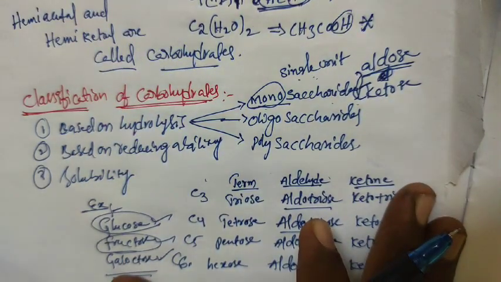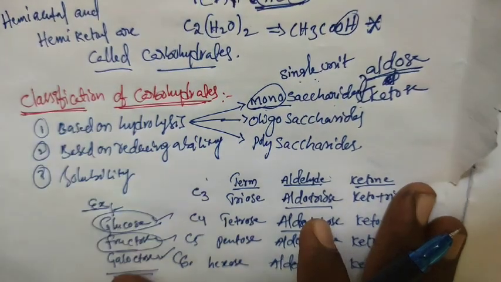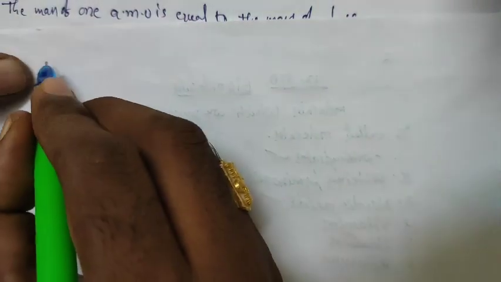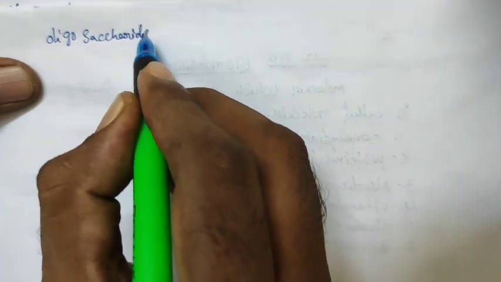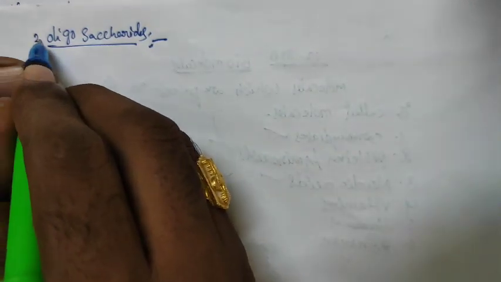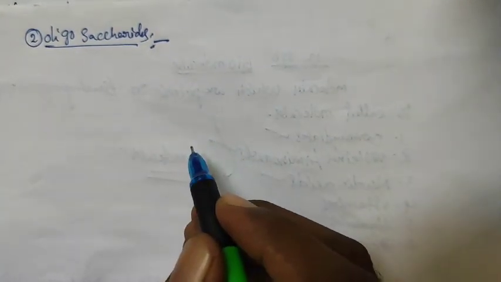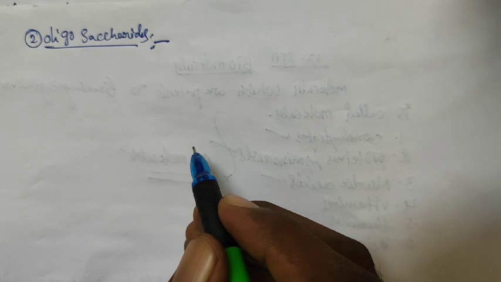Now oligosaccharides, I will give some clarity. Based on hydrolysis we get three classes: monosaccharide, oligosaccharide, polysaccharide.